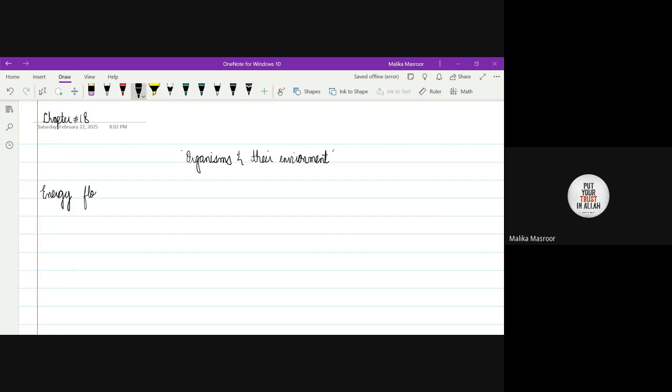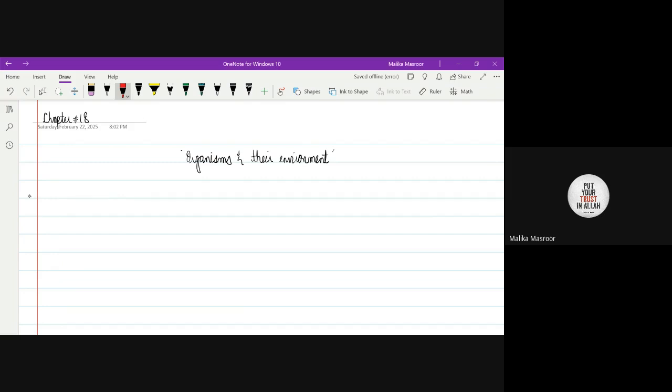Firstly, discussion will be on energy flow and food webs. Before starting this, first let's talk about some basic terminologies that we're going to be using in the chapter, so that you are aware of what exactly we're talking about.